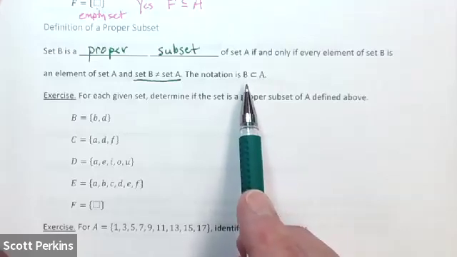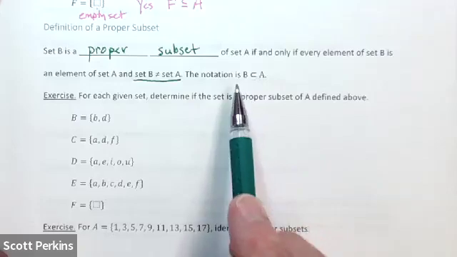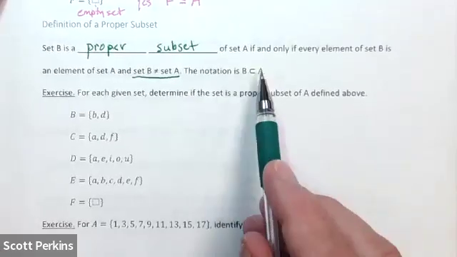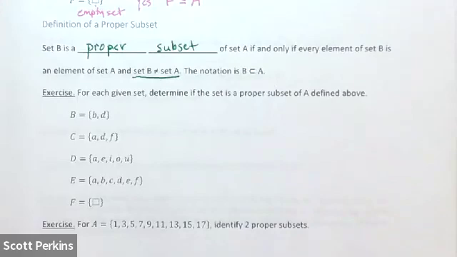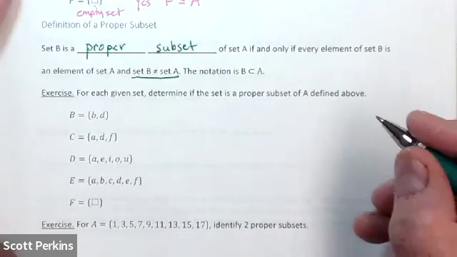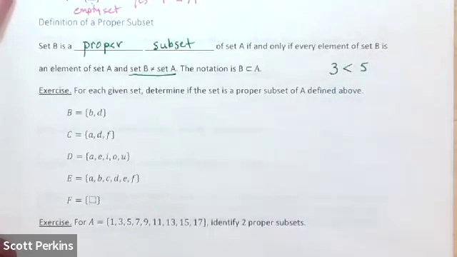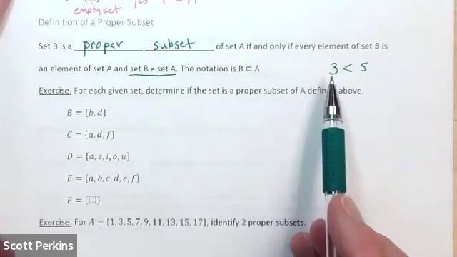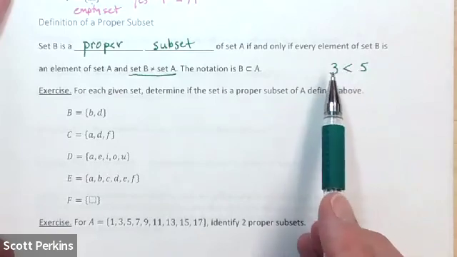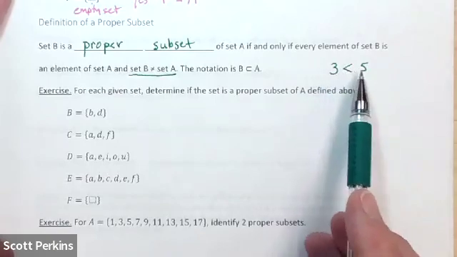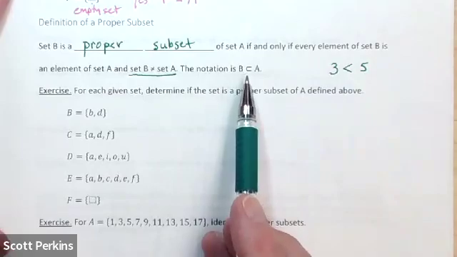So it is described for us in this notation. Okay, so again, that's just like with arithmetic, where we would say this is a true statement. 3 is less than 5, right? So I'm just again relating to some notation that I think you're familiar with, the less than symbol. That's kind of how the proper subset symbol works.